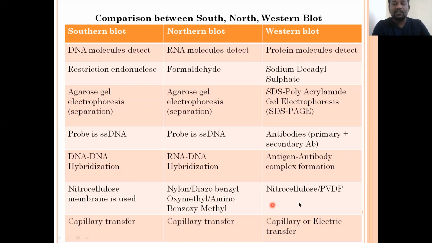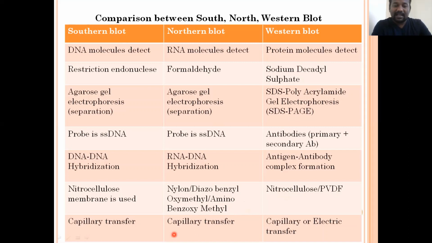Now the membrane used in the different blotting techniques. In Southern blot, we mostly use nitrocellulose. In Northern blot, we use nylon or diazobenzyloxymethyl paper or aminobenzyloxymethyl paper. In Western blot, we may use nitrocellulose or PVDF membrane.